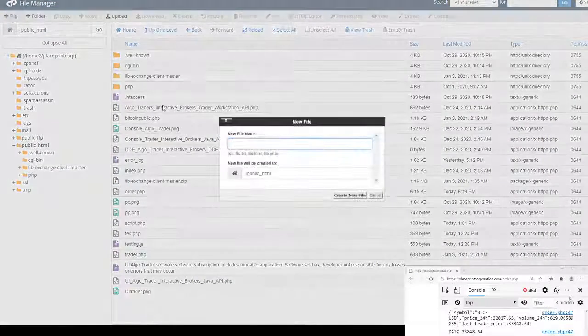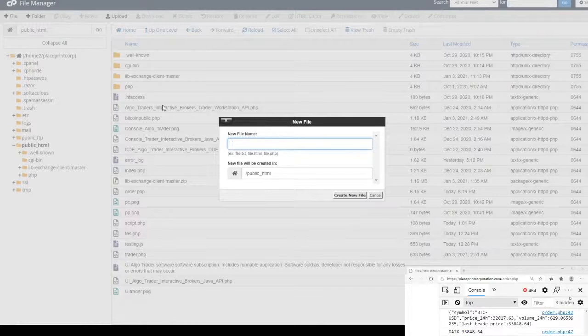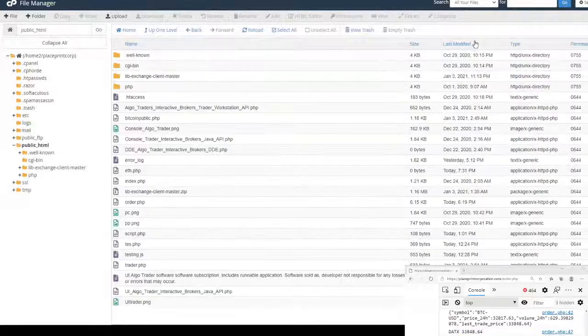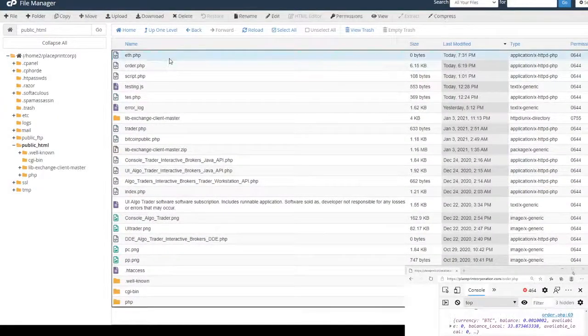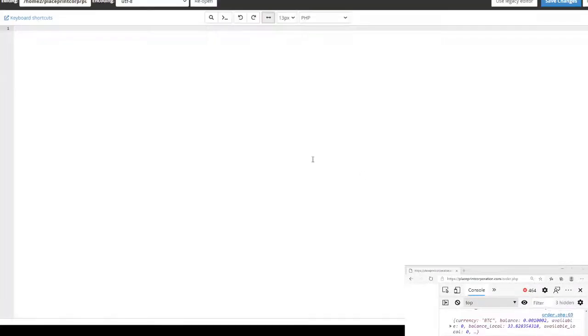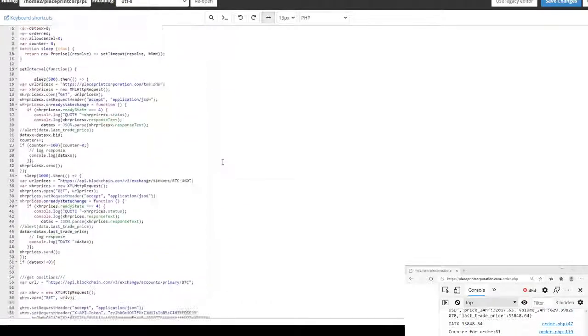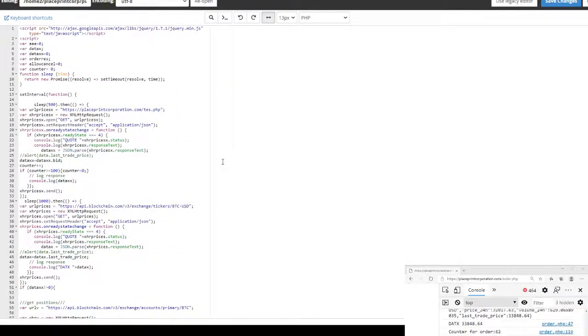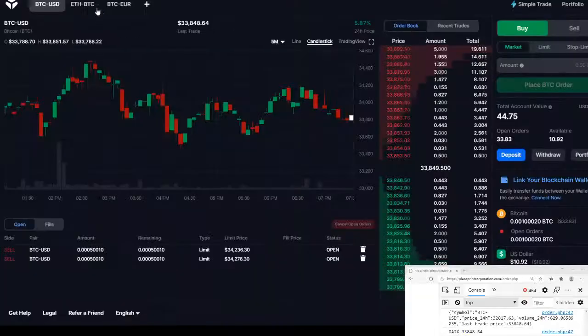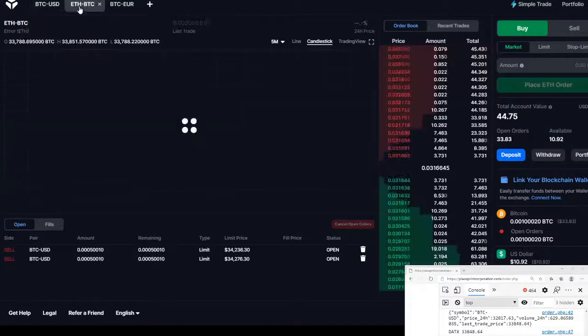We have to log in. What's it called? It's called ETH.php. Create that. Go to ETH.php. Go here, paste it, and then we'll look for, we'll go here. The ticker is ETH.